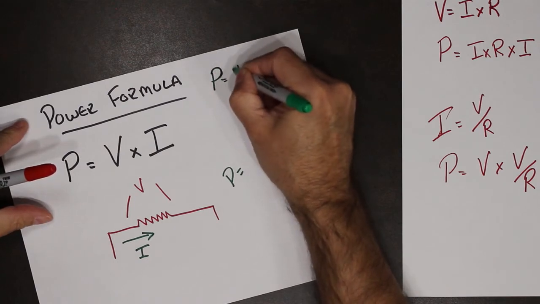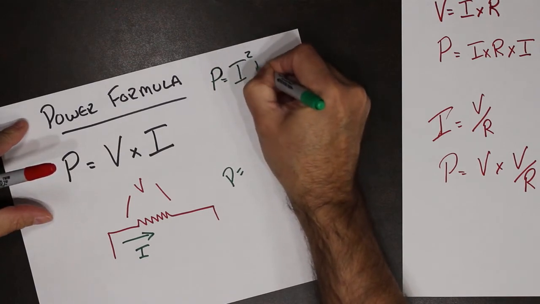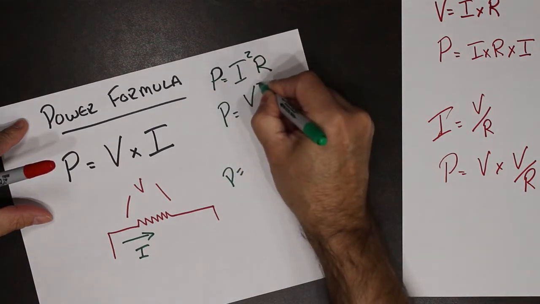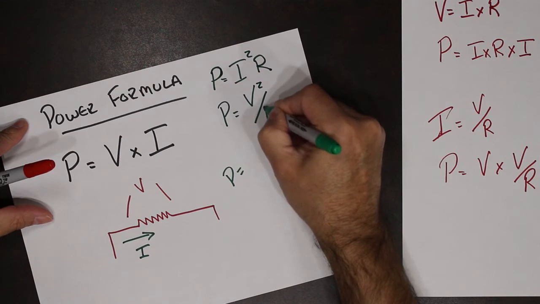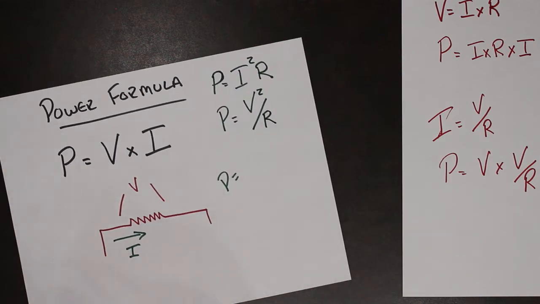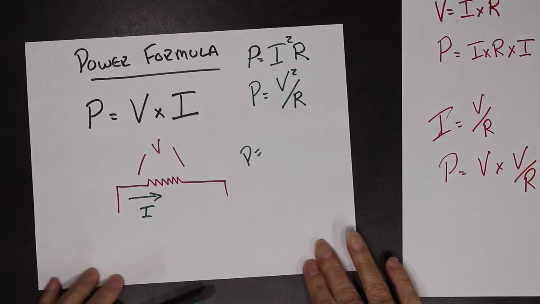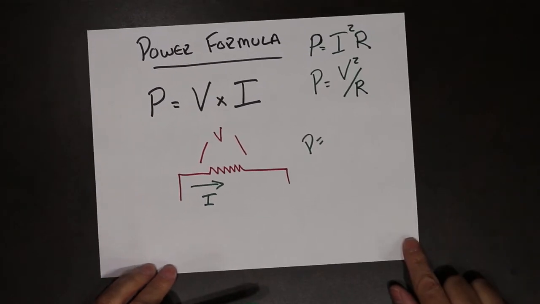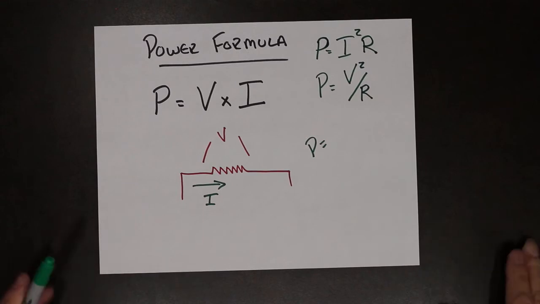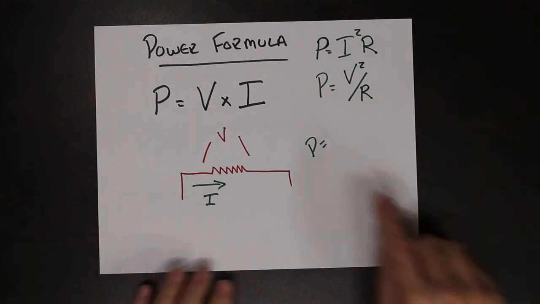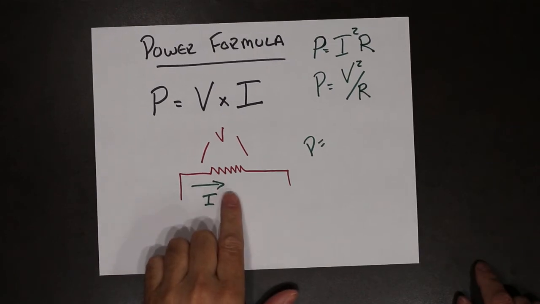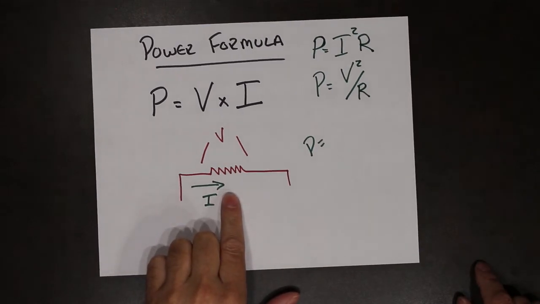Power is equal to I squared R. Power is equal to V squared divided by R. Those are the formulas to calculate power dissipation on a resistor.